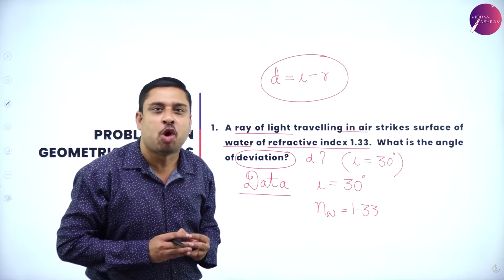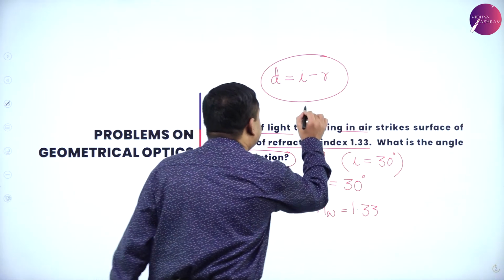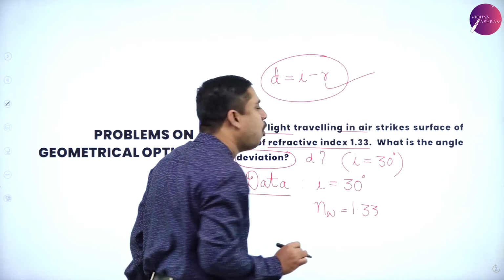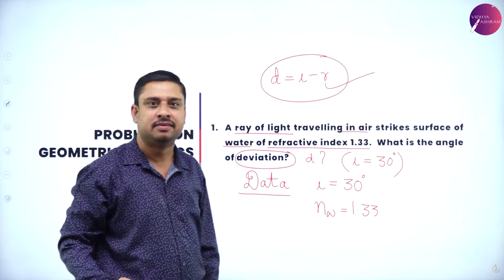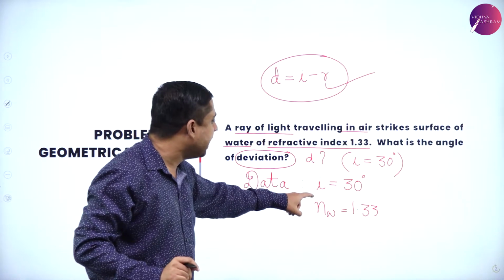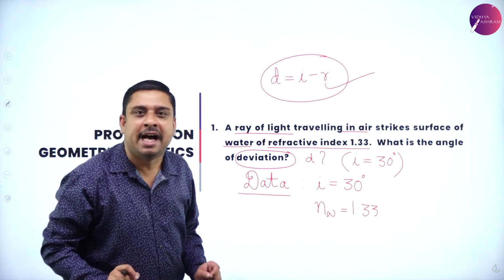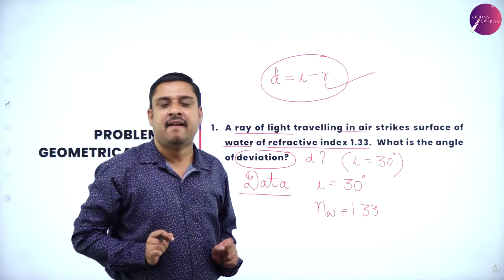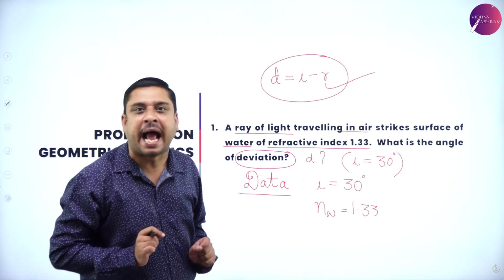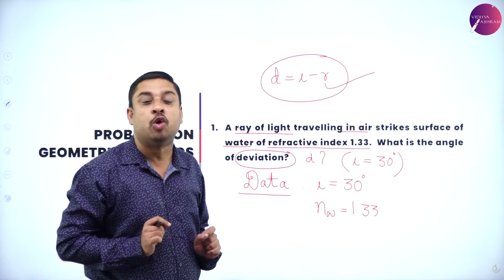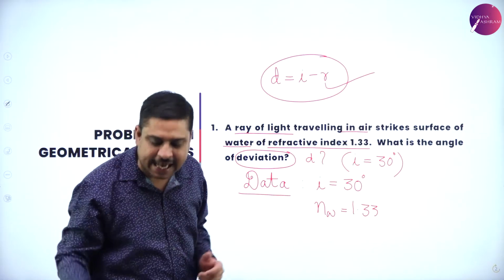Now the whole show lies in calculating what is R. Given I and N, how do we calculate the angle of refraction? Snell's law.